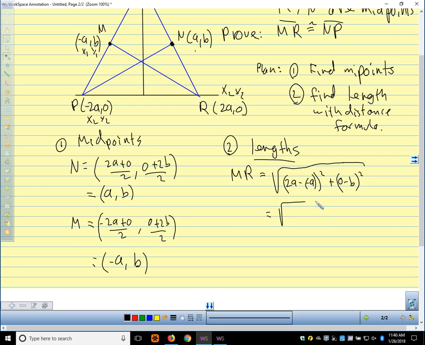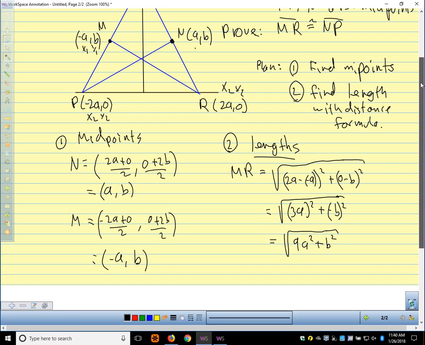Well, 2a minus negative a is 3a squared, plus negative b squared. Now I'm going to square everything. The square root of 9a squared plus negative b squared. We always get a positive when we square things. 9a squared plus b squared. So that's the length of MR.